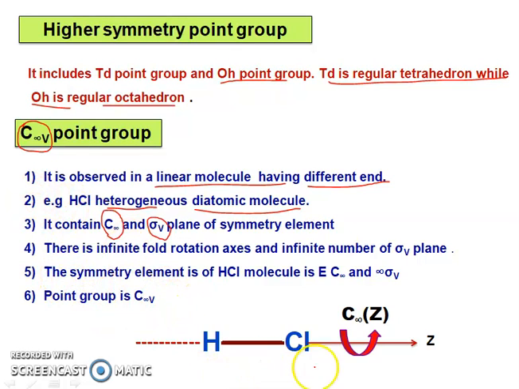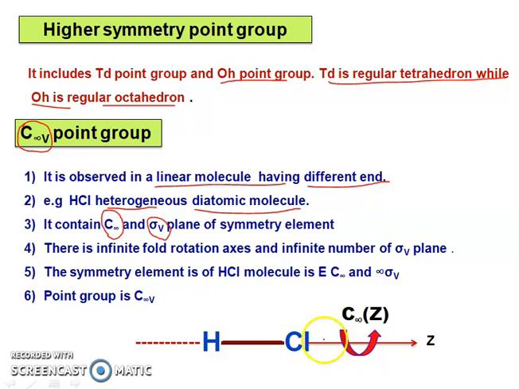Which is the C infinity axis? Because this molecule, a horizontal molecule, is rotated along the z-axis an infinite number of times.